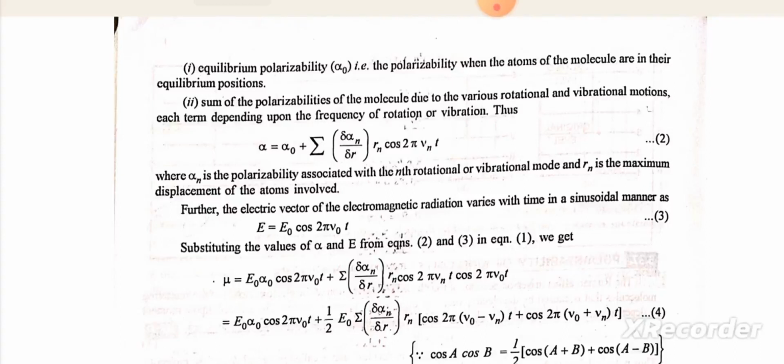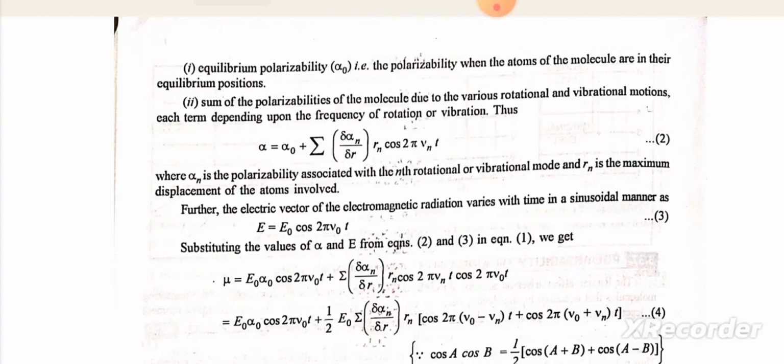Thus, alpha is equal to alpha naught plus summation of change in alpha n upon change in the maximum displacement of the atom, Rn, multiplied by Rn cos 2 pi mu n t, where alpha n is the polarizability associated with the nth rotational and vibrational mode, and Rn is the maximum displacement of the atom involved.